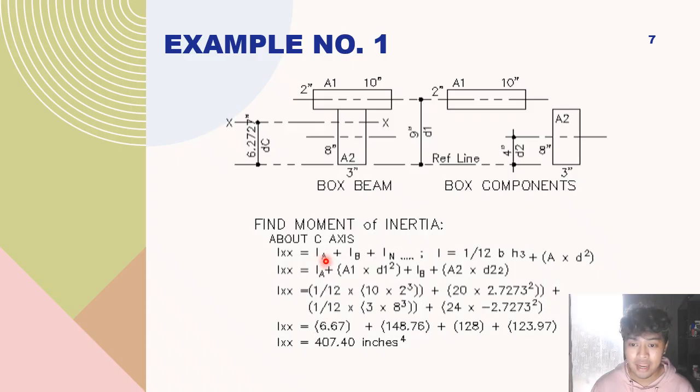So IA, wherein A is our first shape, plus IB, wherein B is our second shape, and IN, and so on, if you have a lot more shapes in your cross-sectional area.